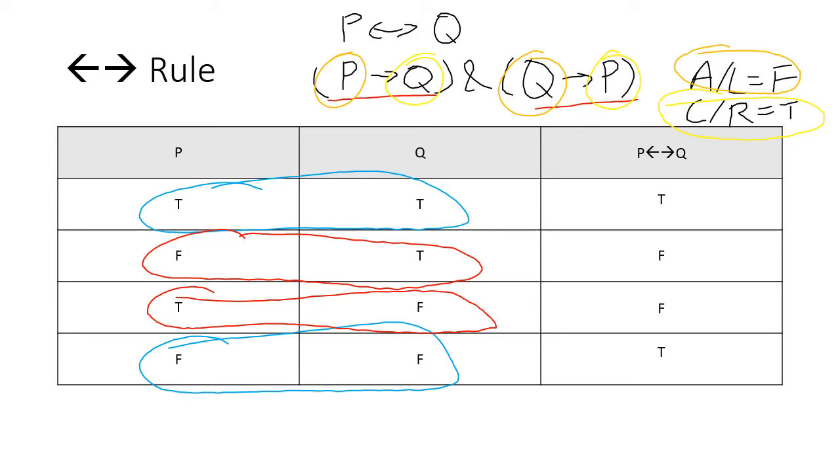So it would have to be Q and P would both be true, or P and Q would both be false. And so that's how you get these values. Again, it might just be easier to remember that wherever they match, it's true. Wherever they don't match, it's false. But the explanation for why it's so comes from the fact that a biconditional is really just both conditionals joined together with an ampersand. But that is the final rule for the truth table.